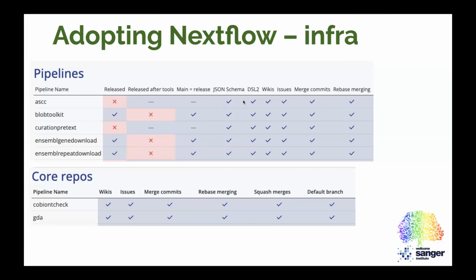We're checking that we've got the GitHub wiki, GitHub issues, GitHub merge policy, rebase, squash, all of that set up for pipeline repositories and auxiliary repositories as well. With just one click. So when we want to create a new pipeline, we just create a new repository. Then we go to this website and it sets up all permissions and access throughout.